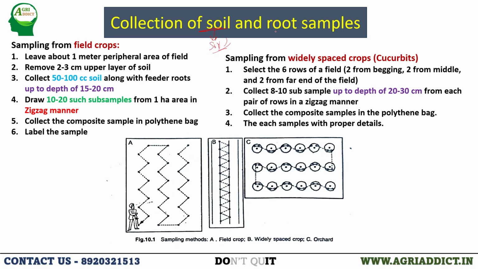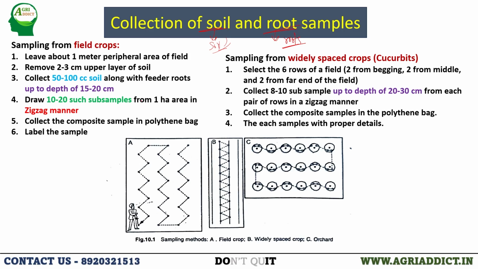If they are staying in planting material, we will collect samples from the planting materials. Or, as most nematodes reside in the root system, we will collect root samples. It entirely depends on where the nematode is staying.